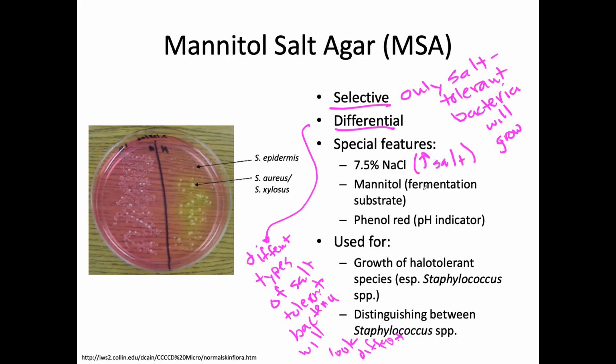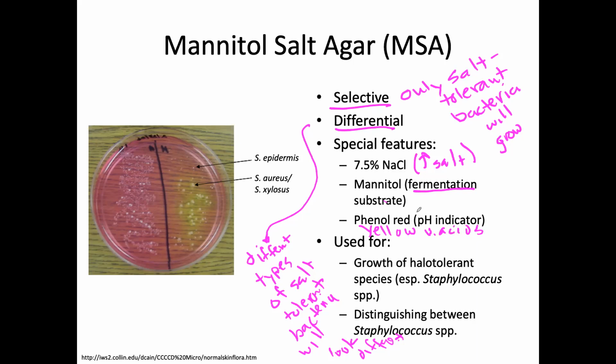It has mannitol in it, which is for fermentation. This is our differential food source. And then phenol red is a pH indicator, so this turns yellow with acids. The idea is that if the bacteria can ferment the mannitol, the area around it will turn yellow.